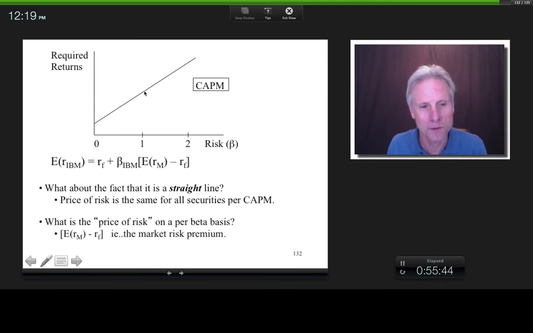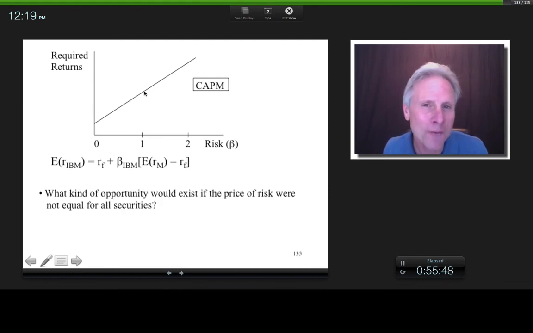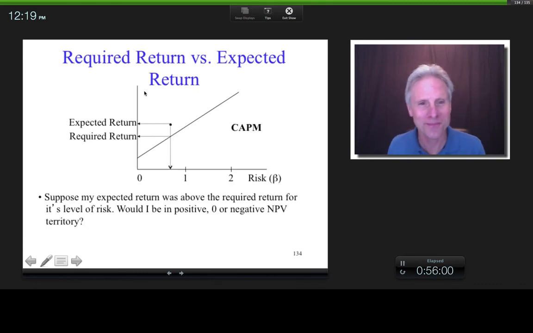The market risk premium, right? And as I mentioned, what kind of opportunity would exist if the price of risk were not equal for all securities? Well, an arbitrage opportunity.